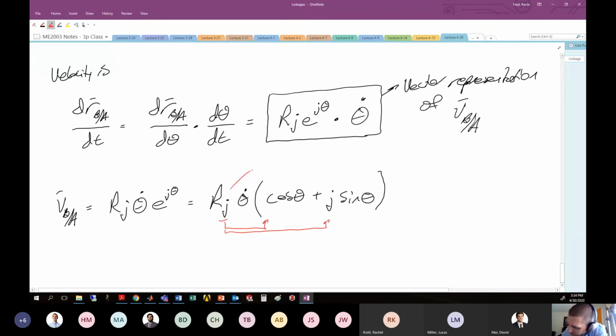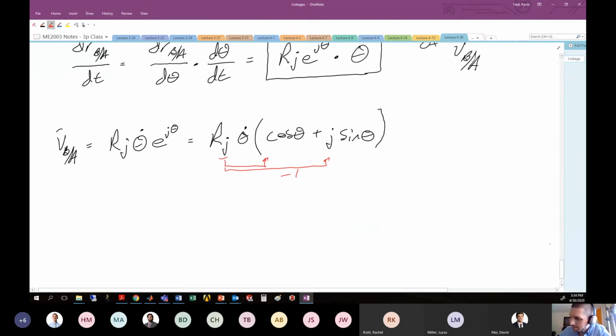When I do this j times this j, it's going to be j squared, which is negative 1. And then the velocity of B relative to A is r theta dot times, after I distribute the j in, negative sine theta plus j cosine theta.